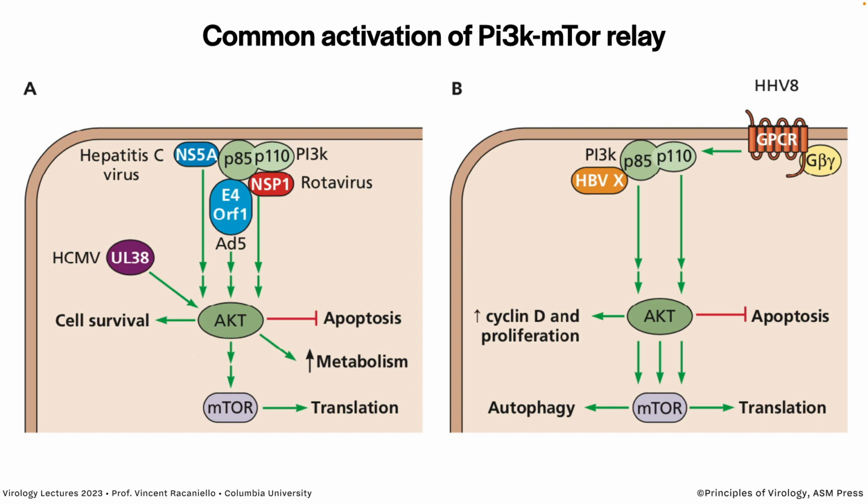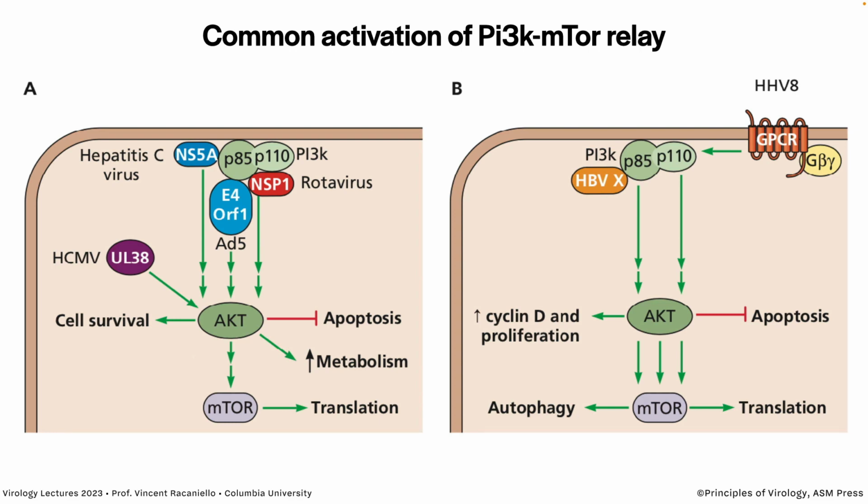AKT in turn allows the cells to live longer. It inhibits apoptosis, programmed cell death, which is good. The virus gets to multiply longer. Increases in metabolism, which you'll see today. We need energy to make virus particles. And through mTOR, increasing translation.